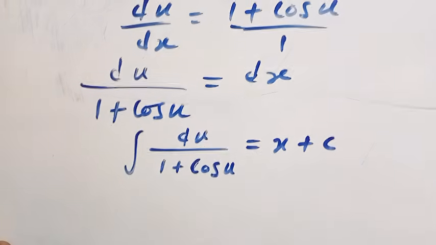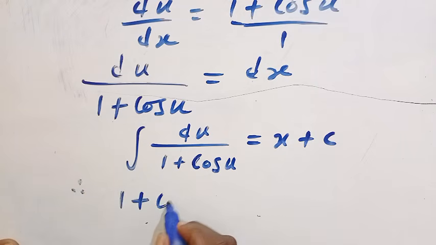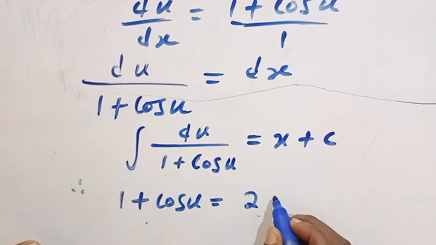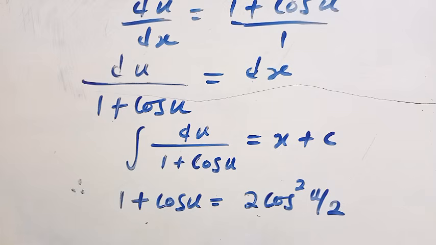Note that 1 plus cos u gives us 2 cos squared of u over 2. This is the identity for 1 plus cos u. Then we replace it here.